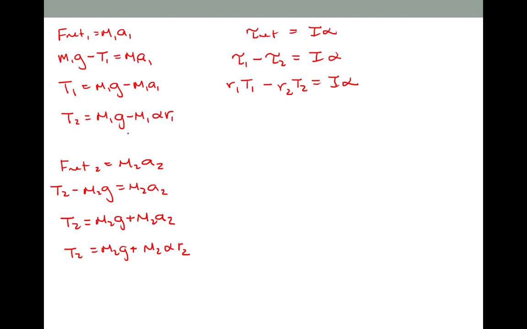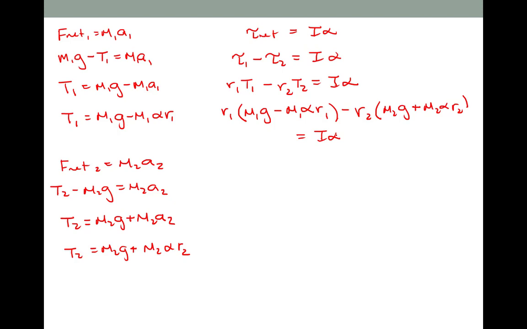And now I'm going to plug in the values for T1 and T2 that I got by looking at the net force. That gives me R1 times (m1g minus m1 alpha R1) minus R2 times (m2g plus m2 alpha R2), and all of that has to equal I alpha.